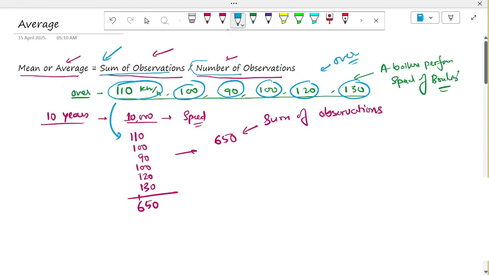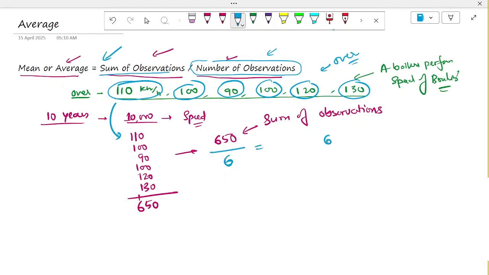And what is the number of observations? In total, how many observations have we made in this particular case? It is very clear that we have made 6 observations in an over. So divided by 6.